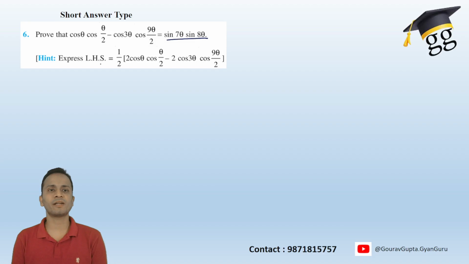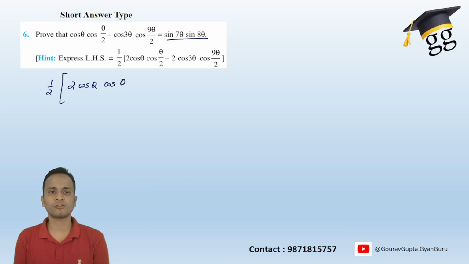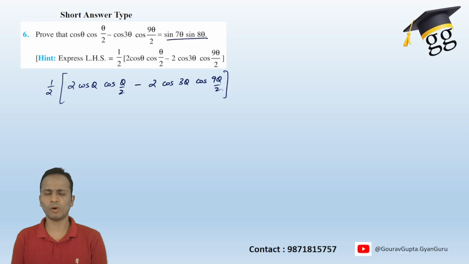So you can express the right hand side and write it as 1 by 2 bracket 2 cos theta cos theta by 2 minus 2 cos 3 theta cos 9 theta by 2. Why have we done that?